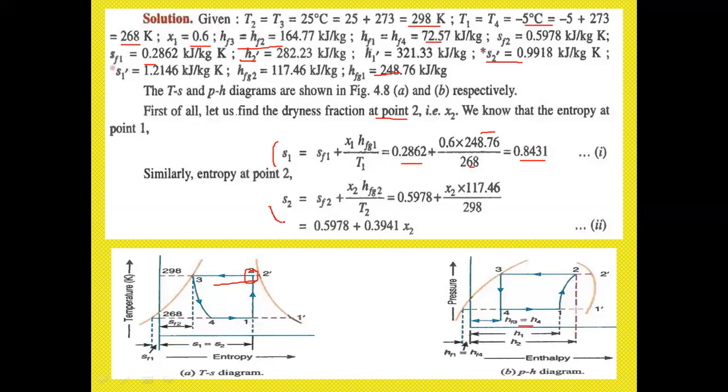Next, S2 is equal to SF2 plus X2 HFG2 divided by T2, that is equal to 0.5978 plus X2 into 117 point something divided by 298.